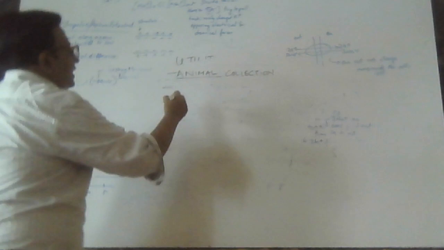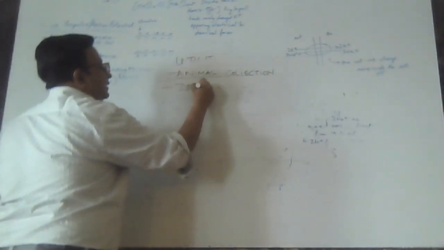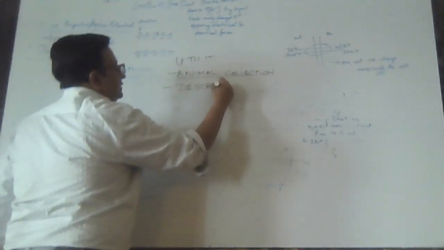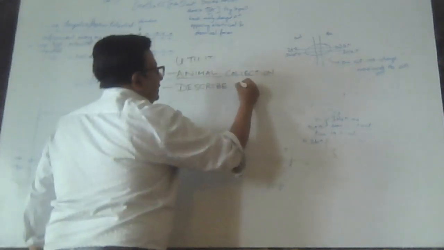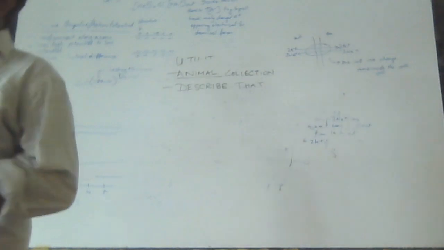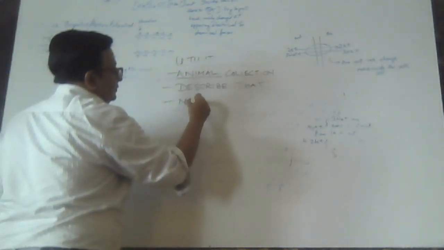Then you describe them, looking at the mouth, belly, inside, top, bottom, everything. Then you give a scientific name on the principle of binomial nomenclature, and then you publish.